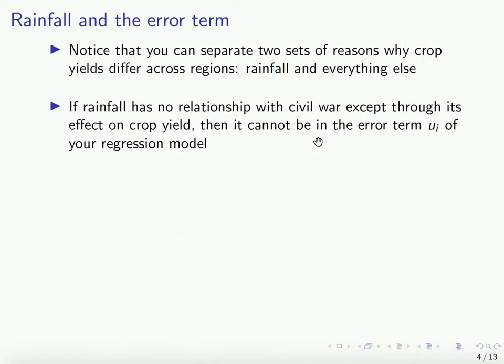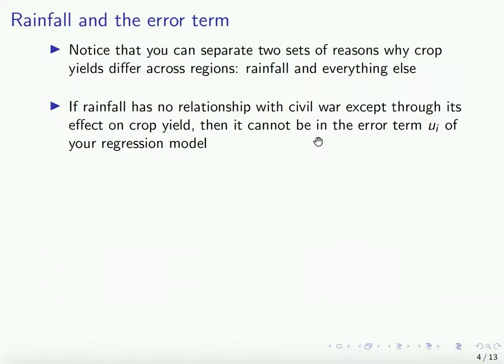If an area has more rainfall than another, I hope that this is not a determinant of whether they go to civil war, except if the reason is that rainfall is changing crop yields across regions.